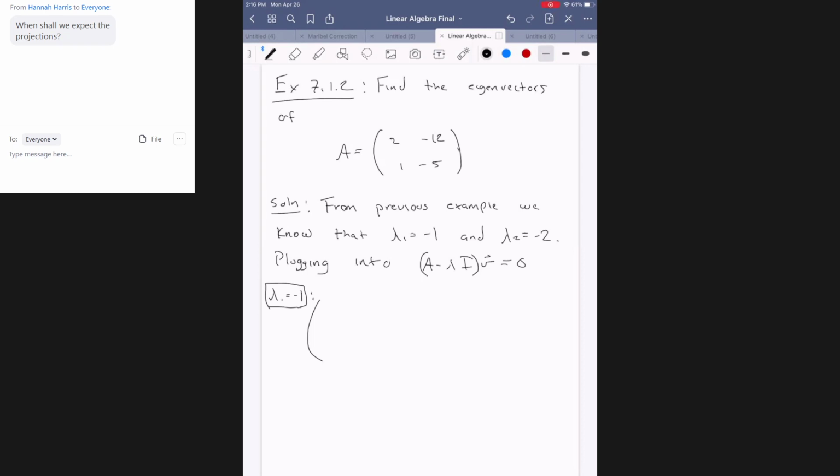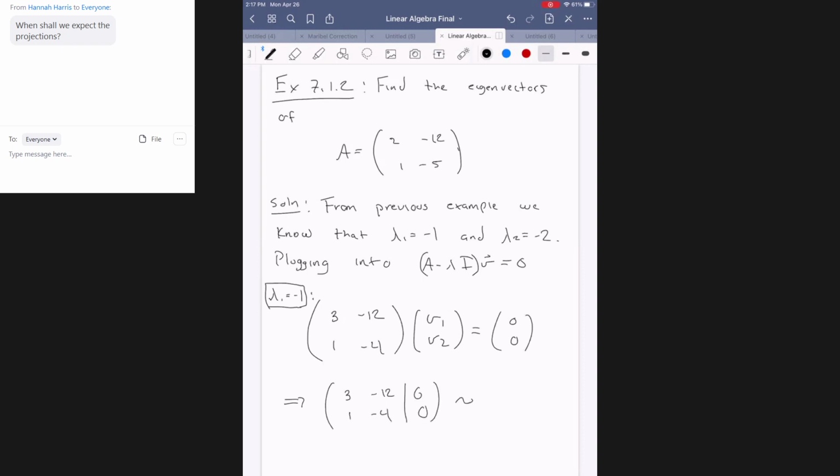It's going to be 3, then -12, then 1, and 5 plus 1 is -4 in the other corner, times v1, v2, equal to 0, 0, right? You can just augment this to save yourself time.